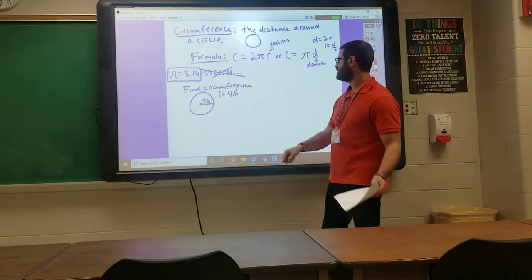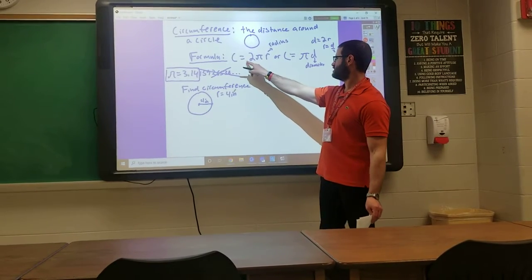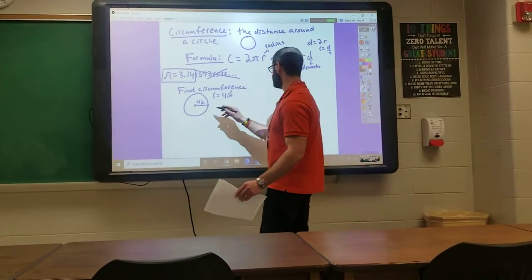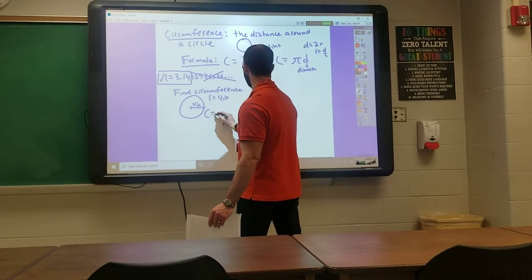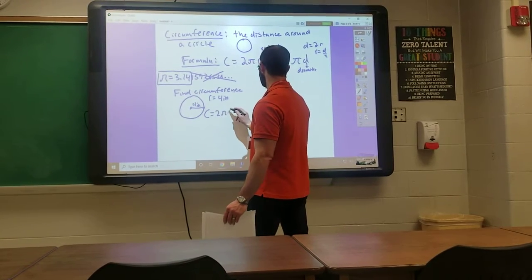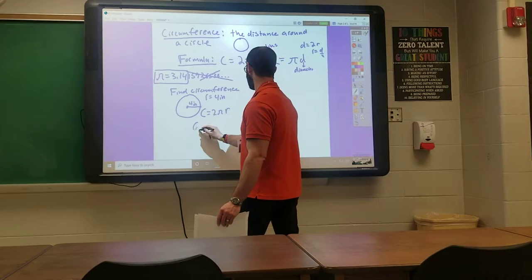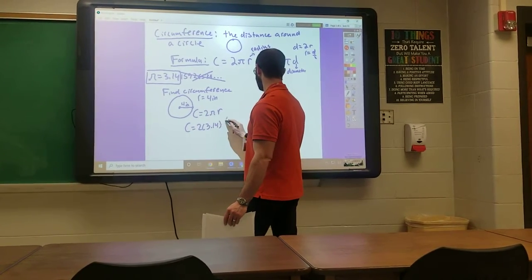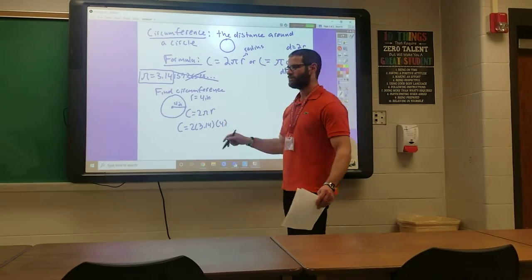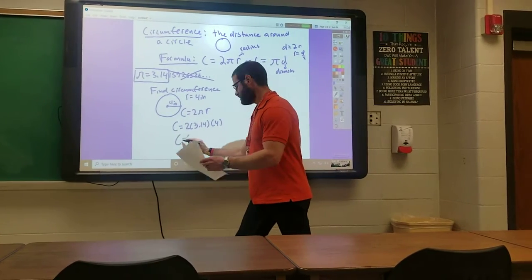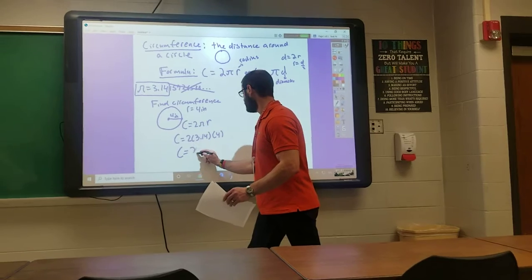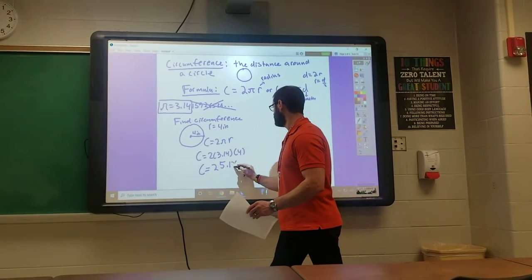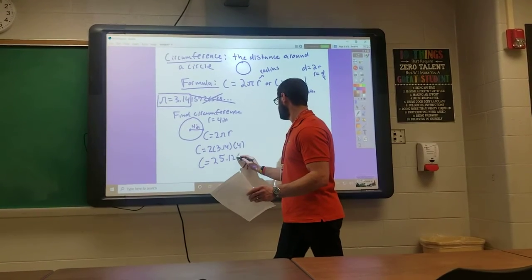Which formula should we use? C equals 2 pi r has the radius in it. So circumference equals 2 times 3.14 times the radius of 4. Multiply all three numbers together, and you get 25.12 inches.